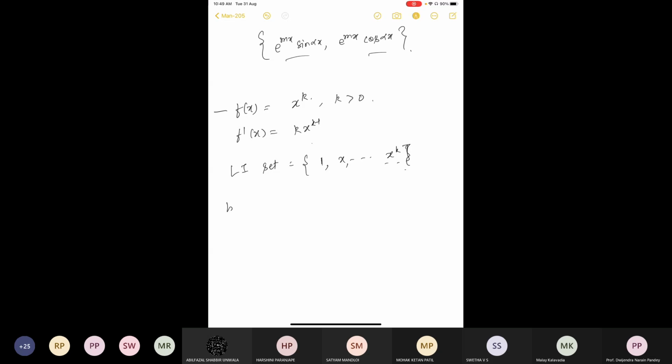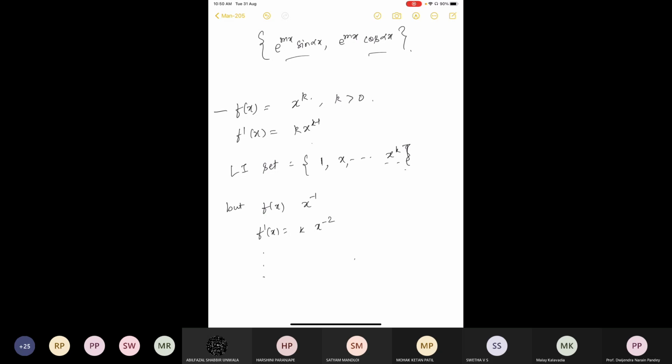But if I look at x to power minus 1, call it f(x), then what is f dash x? It is some constant times x to power minus 2. If you find out the set of all its derivatives, this set is not finite.